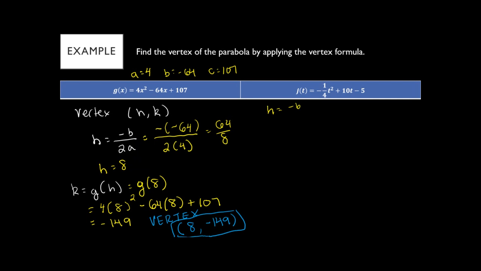So h is negative b over 2a. I'm going to just kind of draw a line here. So a in this case is negative 1/4, and b is 10, and c is negative 5. So negative b, and b is 10, so that's going to be negative 10 over 2 times negative 1/4.